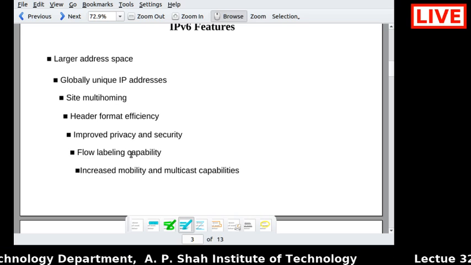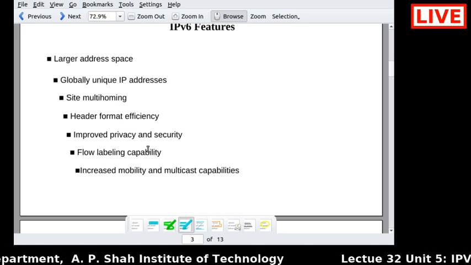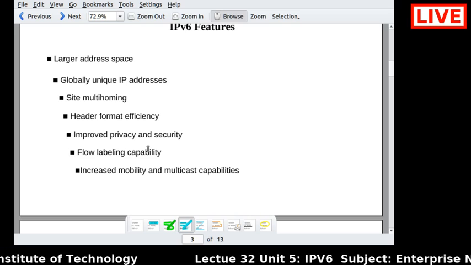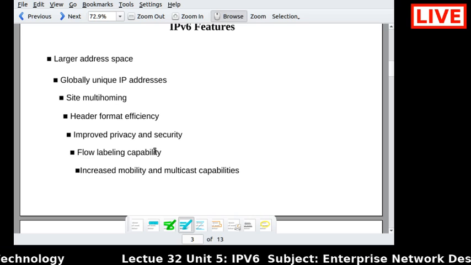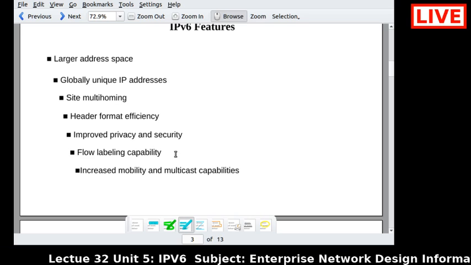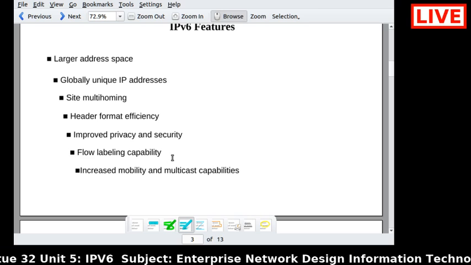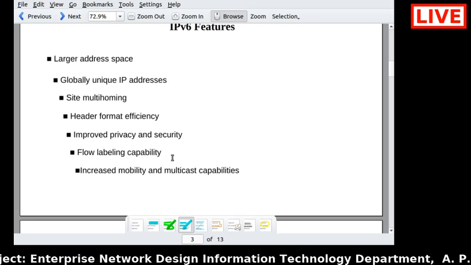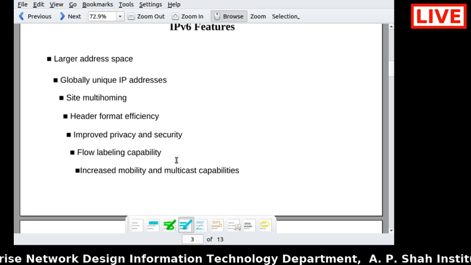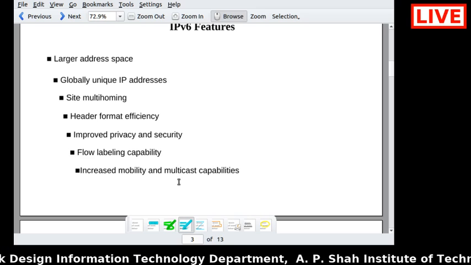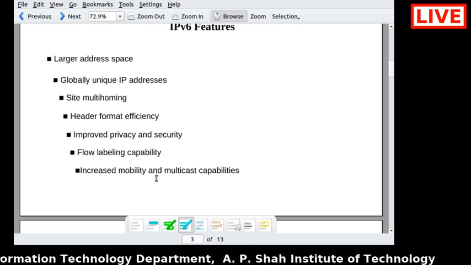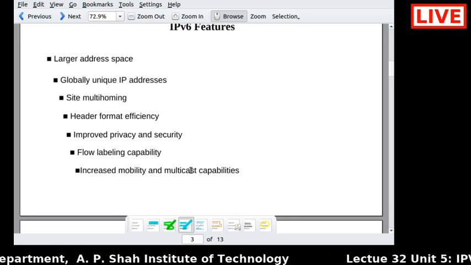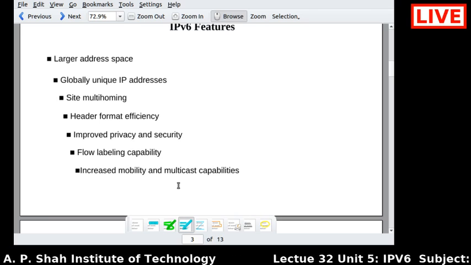The mobile node is always reachable through any kind of address. While changing the location, you can still connect, so there will be no break in the mobility. This is one of the features of IPv6 which is not there in IPv4, if you see.